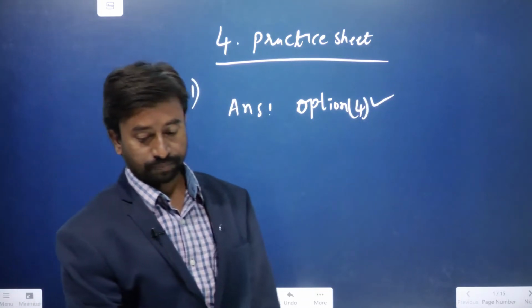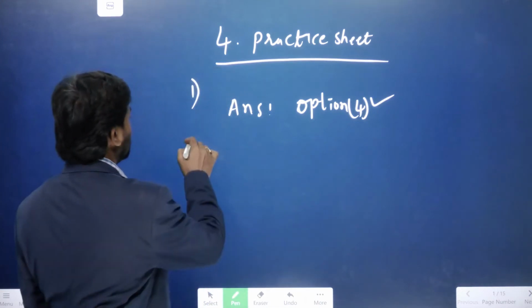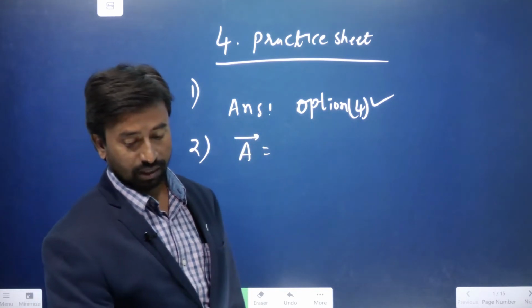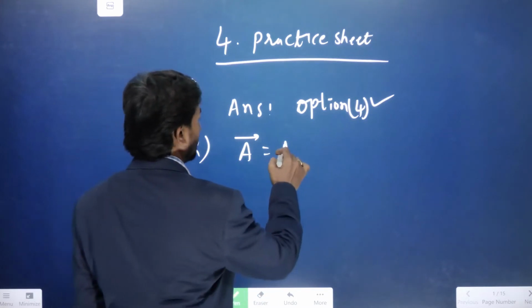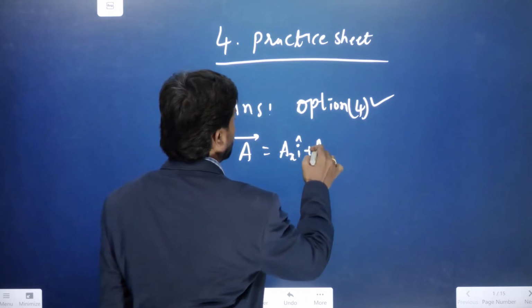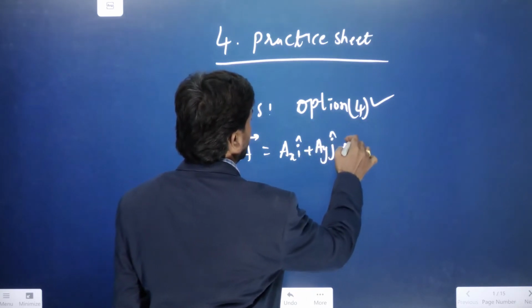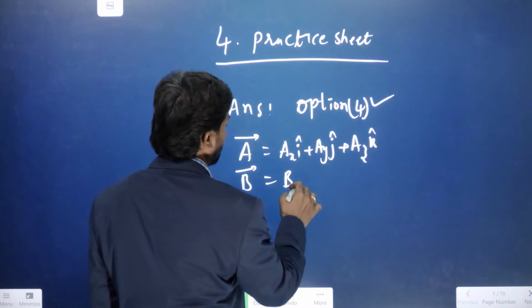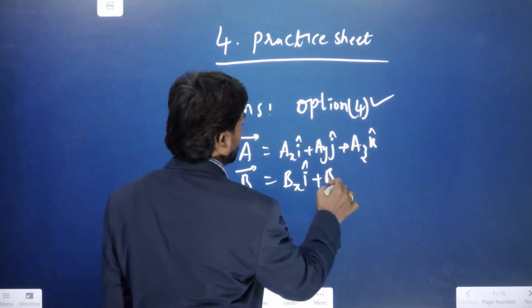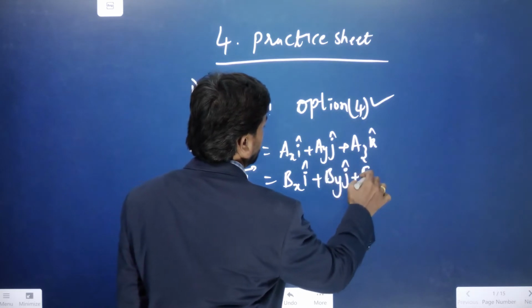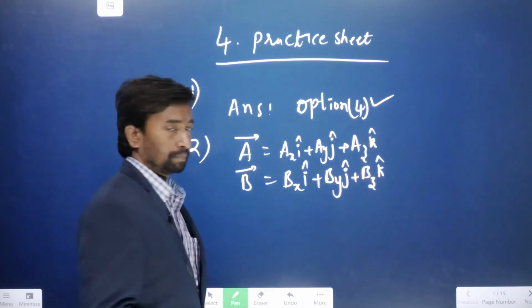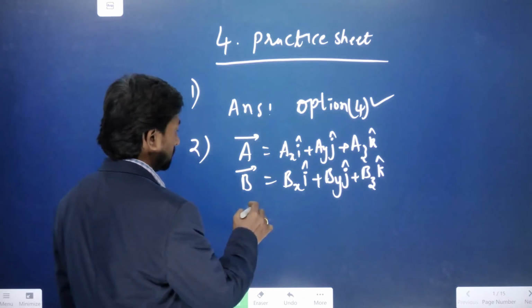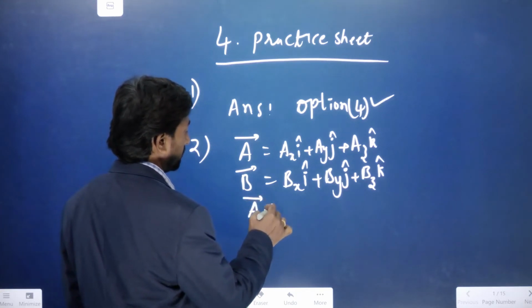Now the next question, the second question. If a bar is equal to ax i cap plus ay j cap plus az k cap, and b bar is equal to bx i cap plus by j cap plus bz k cap, then what is the dot product of the two vectors, a bar dot b bar?